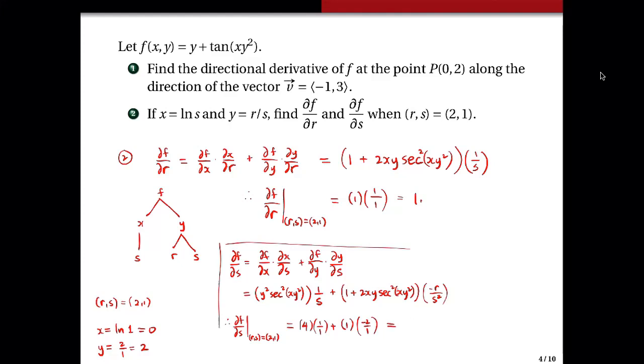So for this we have 2. So this is the value of partial of f with respect to s evaluated at the point r comma s equals 2 comma 1. Okay.